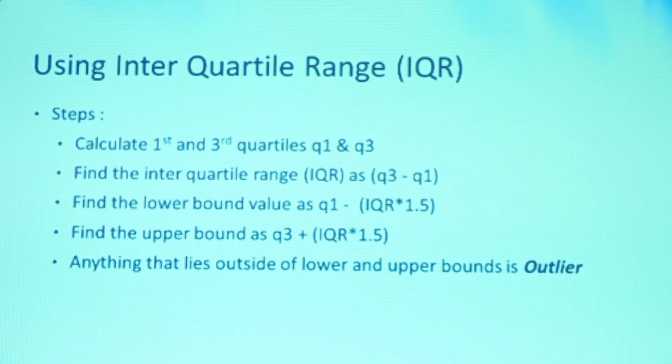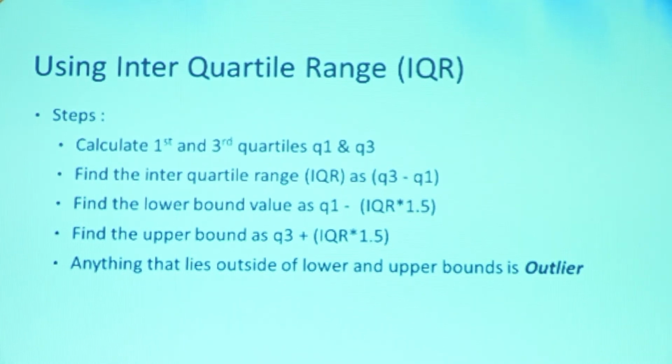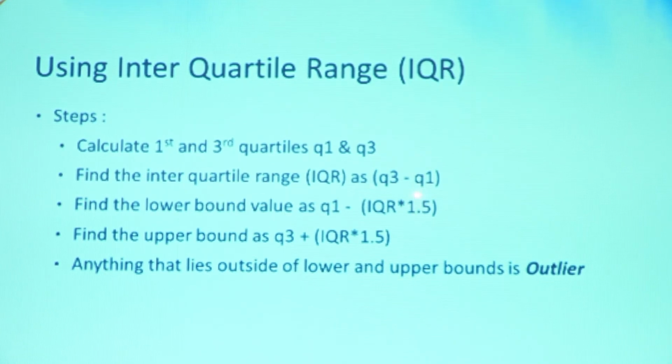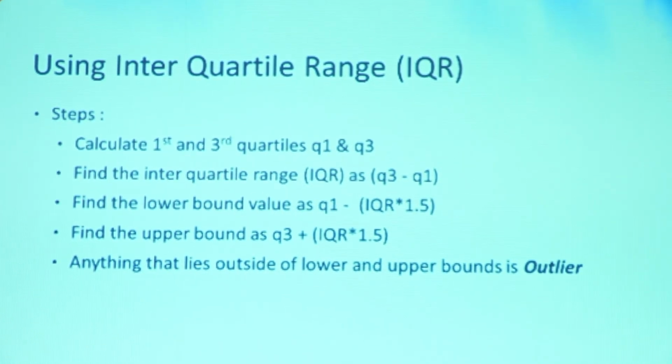Now, lower bound is always Q1 minus 1.5 IQR. Why? Because there's a defined formula. That's why it is a popular method. So Q1 minus 1.5 into IQR is your lower bound, and upper bound is Q3 plus IQR into 1.5.